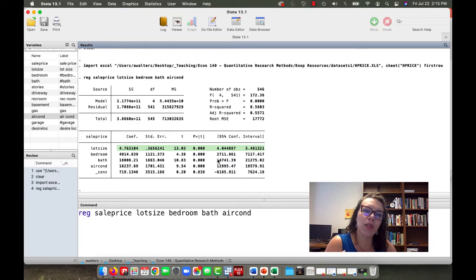But there's other ways we can tell too, and those are going to be our tests of statistical significance. And that's going to be this number right here, which is our standard error, this number here, which is our t-statistic or test statistic, and then our p-value here. And the p-value is the probability that the absolute value of the test statistic is high enough to reject the null hypothesis. What? Remember, we're doing all of this.